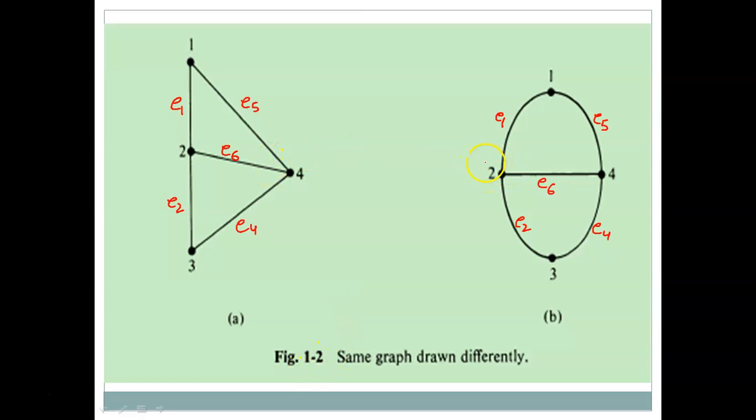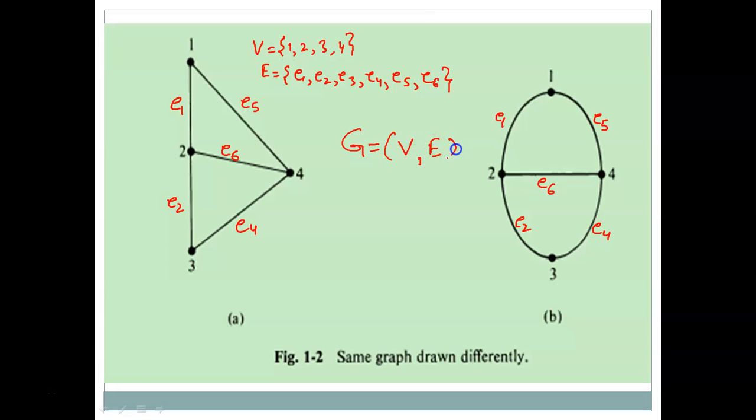Only the representation is different, because in this graph the vertex set has the elements 1, 2, 3, 4, and the edge set consists of the elements E1, E2, E3, E4, E5, and E6. Both graphs have only these elements. So the representation is G equal to V, E for both of these graphs, but they have been represented differently.